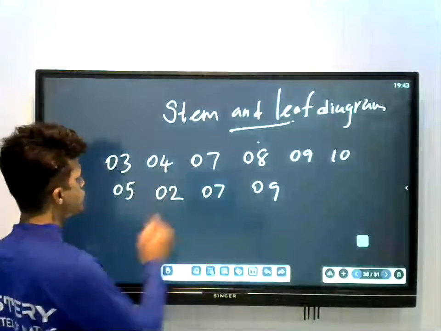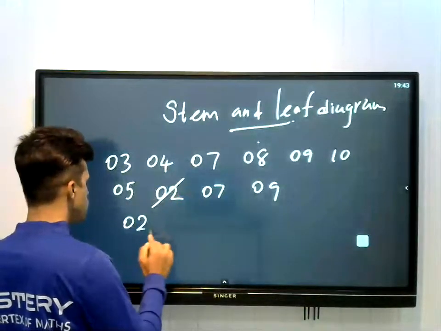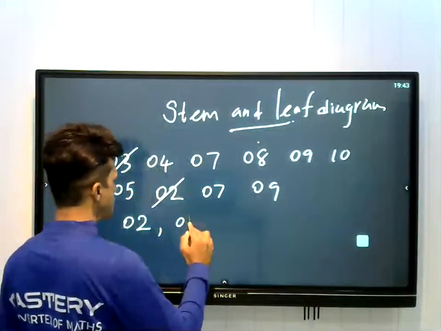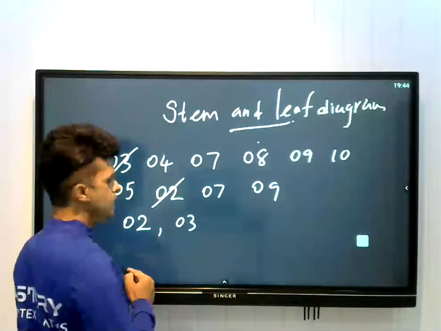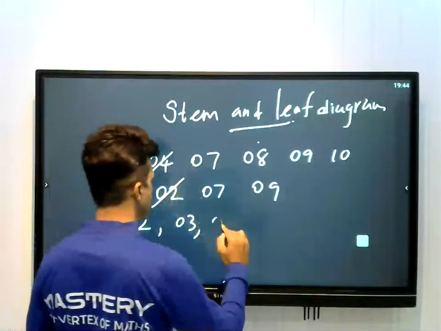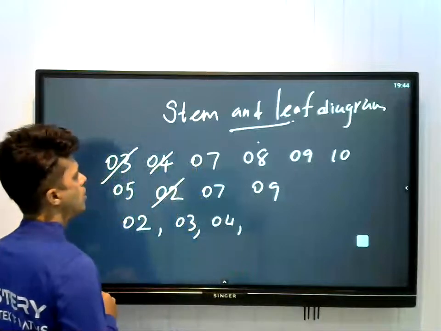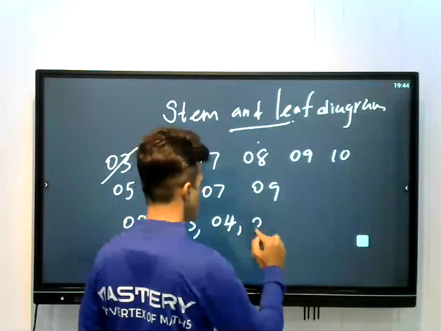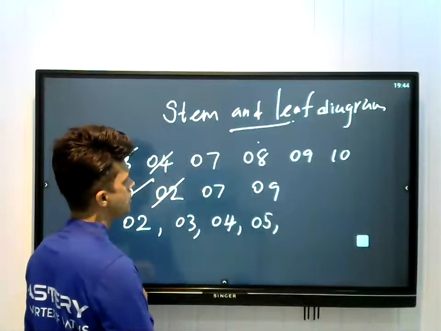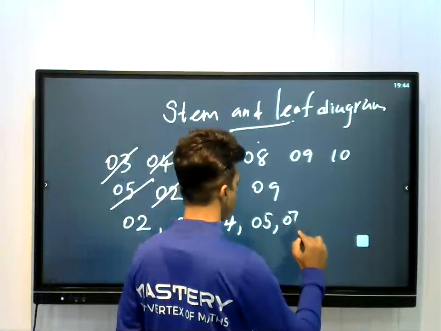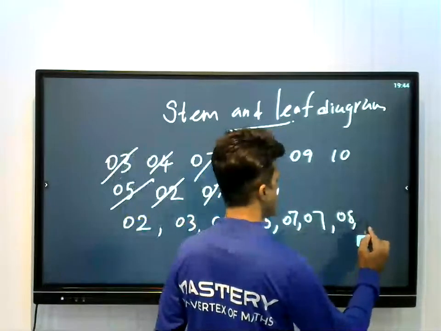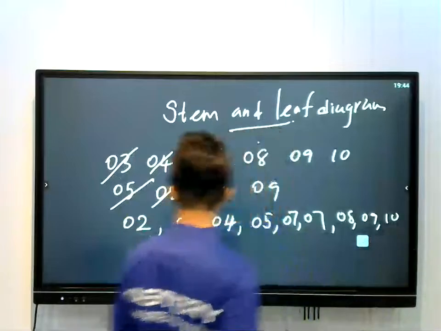First you could see 2, then 3, the other one is 2, 3, 4, 5, 5. 6 we can't see. 7, 8, 9, 10. There are 10 students.